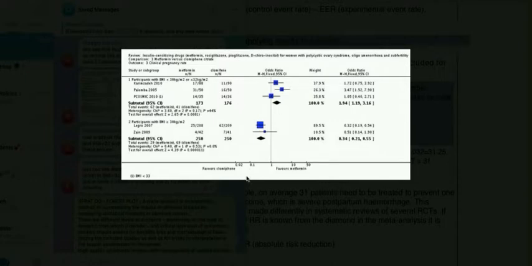Basically what's happening here is a result of a meta-analysis. What is meta-analysis? A systematic review is a review of various studies around the same topic. When you summarize the results of various studies around the same topic, that makes it a systematic review.